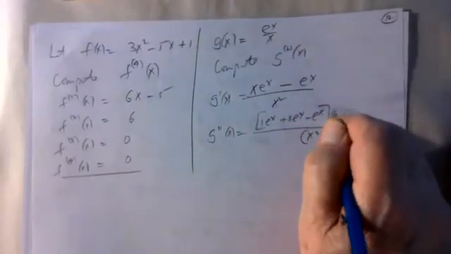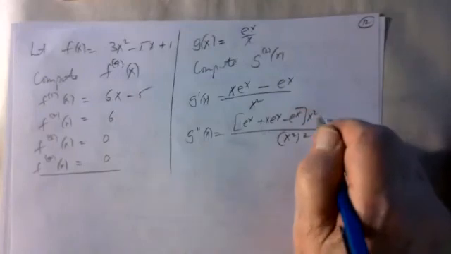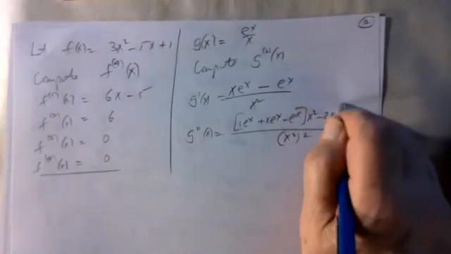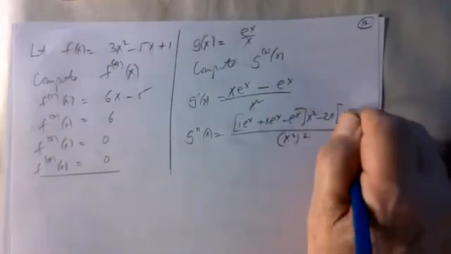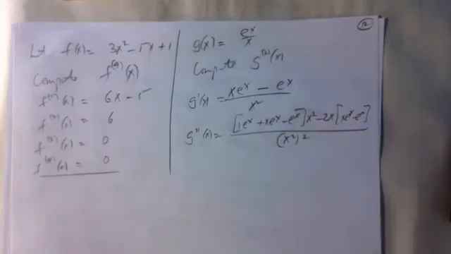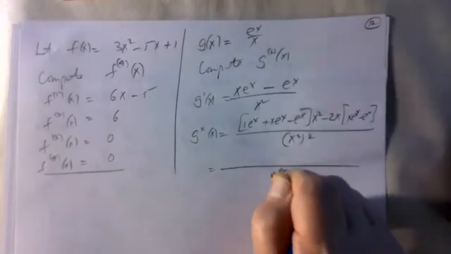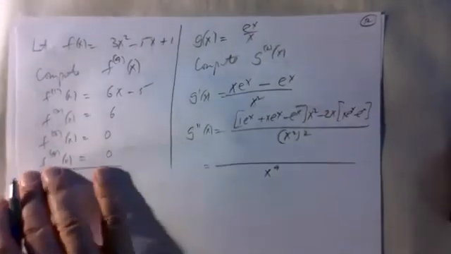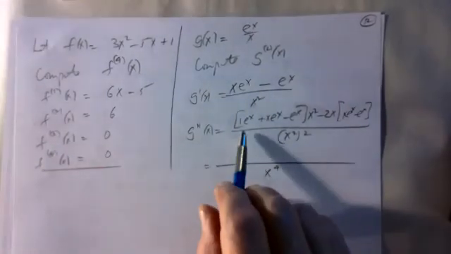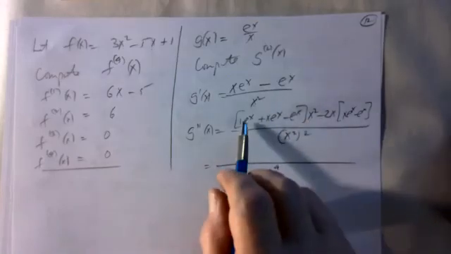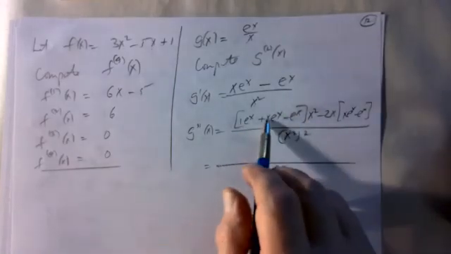Well, that times the denominator minus the derivative of the denominator times the numerator. So here we have x to the 4th in the denominator, x squared squared. I have e to the x minus e to the x, they cancel.